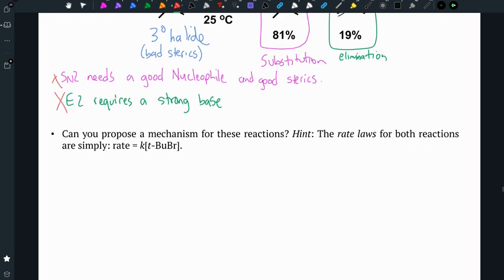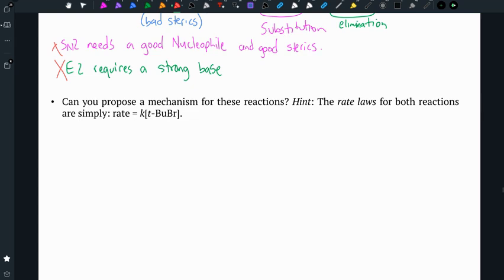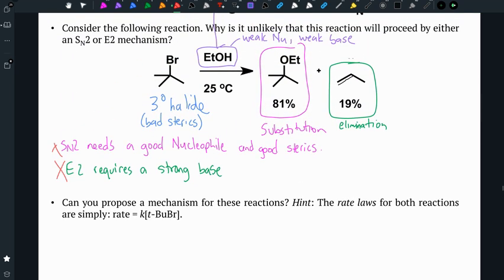Well, to come up with a mechanism, this hint may or may not be meaningful to you, but the hint is that the rate law for this reaction only involves the substrate molecule. In other words, it doesn't matter how much ethanol I add. All that matters is the concentration of my tert-butyl bromide in this case.